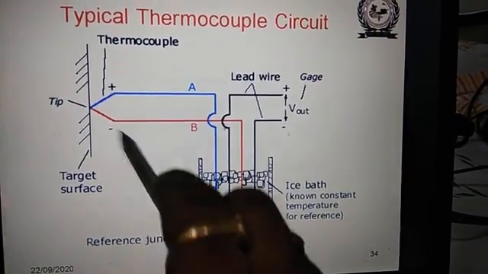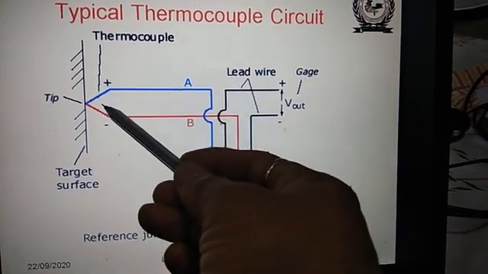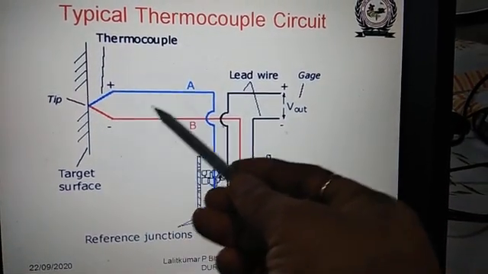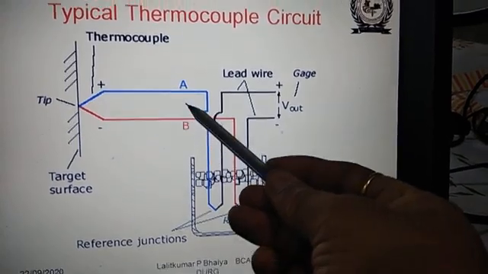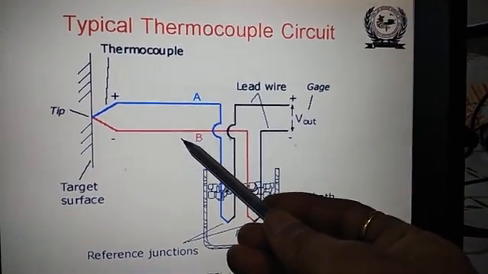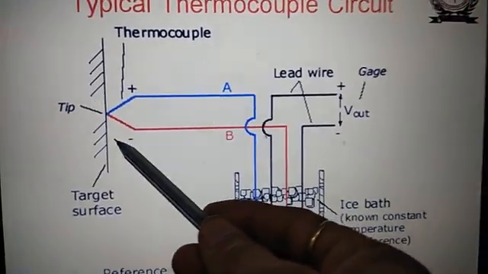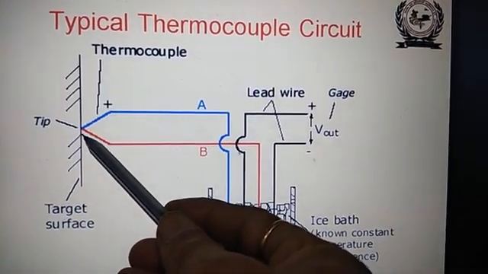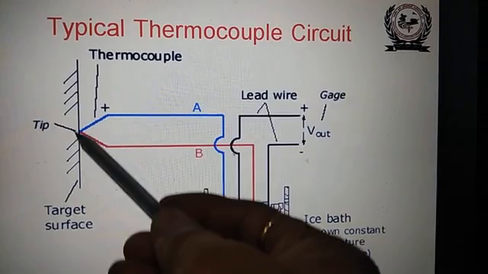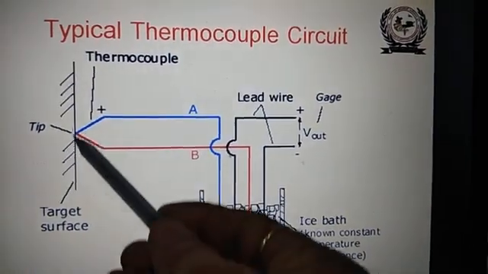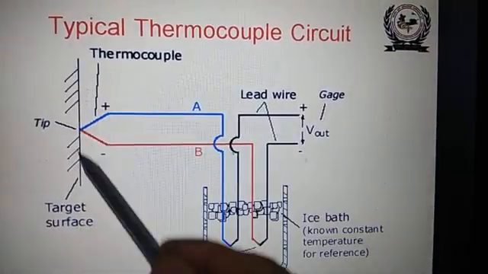This is the typical thermocouple circuit. You can see here the thermocouple having two dissimilar metals A and B, blue color and red color. This is the tip of the thermocouple, and this is the target surface of which we want to measure the temperature.